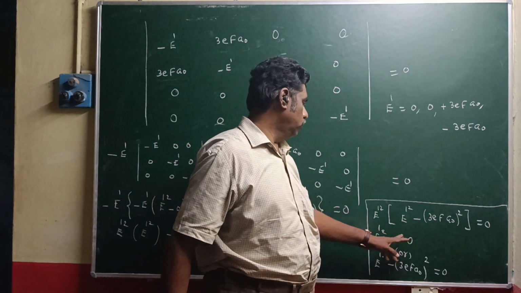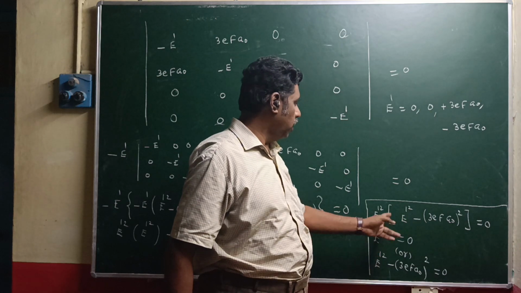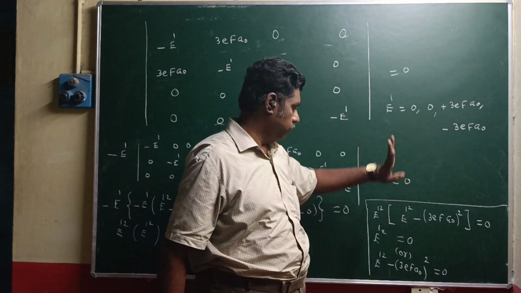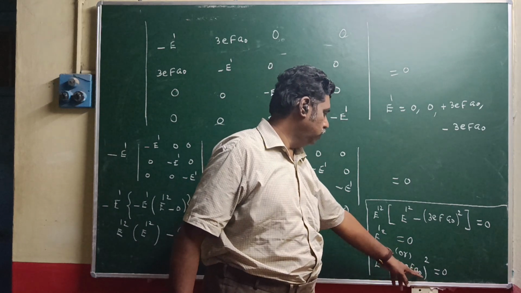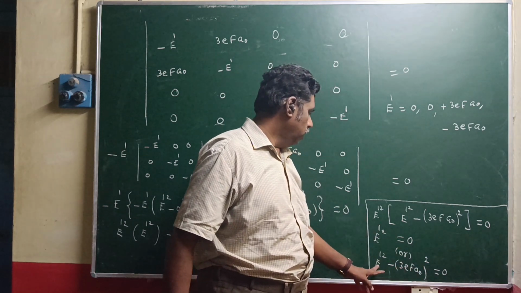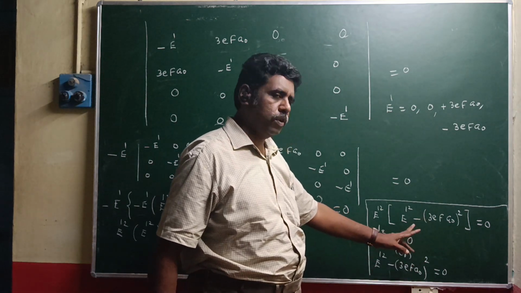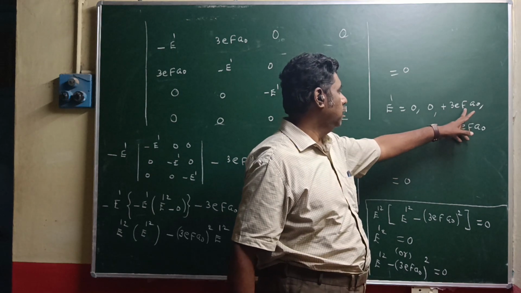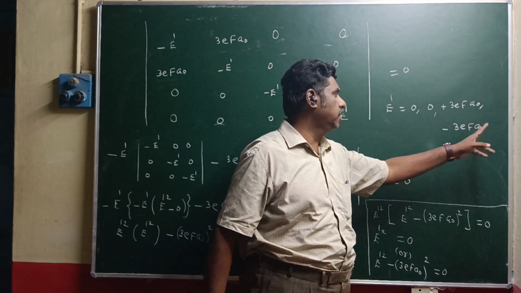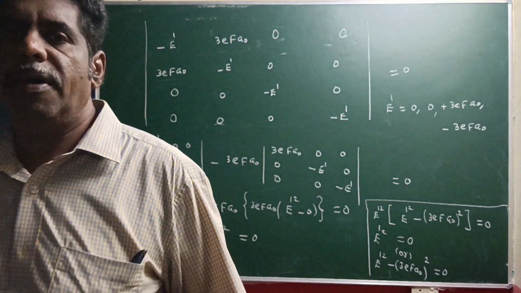If E1 square is 0, E1 is 0, that is one root, and another root is 0. If E1 square equals 3eF a0 whole square, then E1 equals plus 3eF a0 and minus 3eF a0. So these are all the 4 possible values.